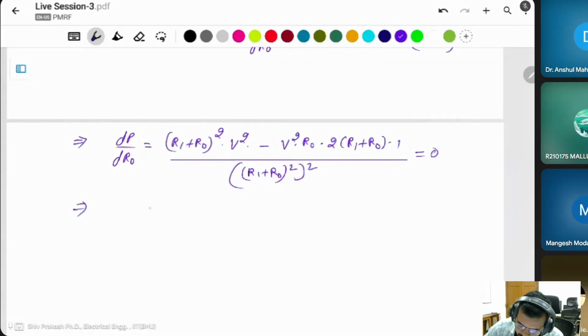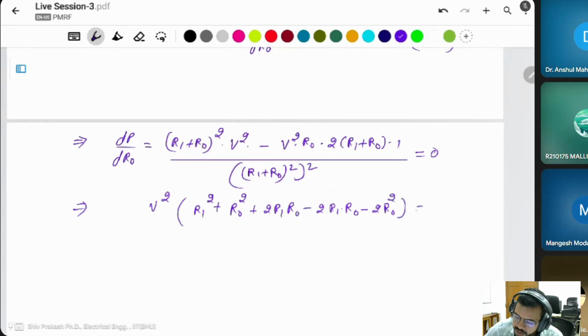This will be V square common. R1 square plus R naught square plus 2 R1 R naught, minus 2 R1 R naught minus 2 R naught square, divided by R1 plus R naught, whole square. Sir, V square by R1 plus R naught?